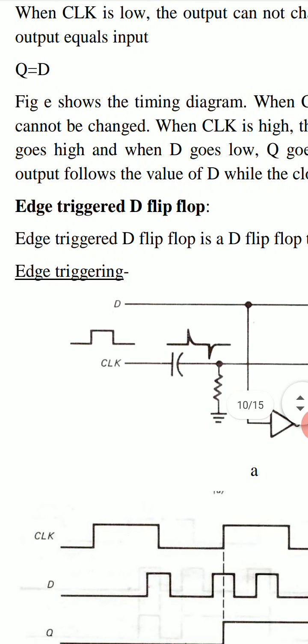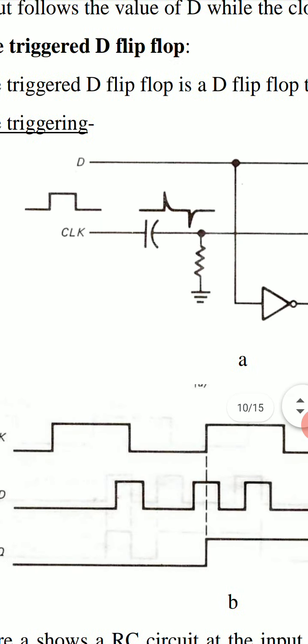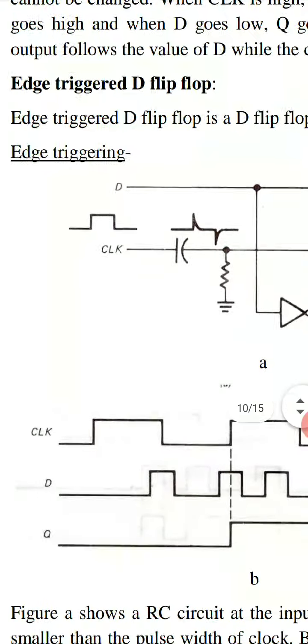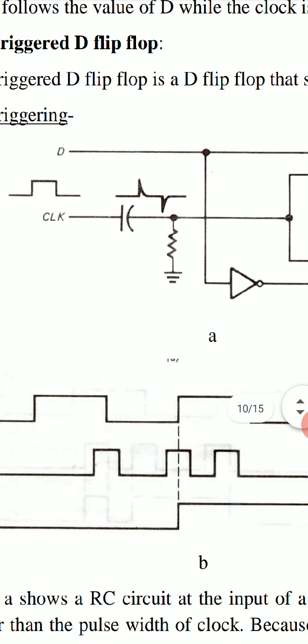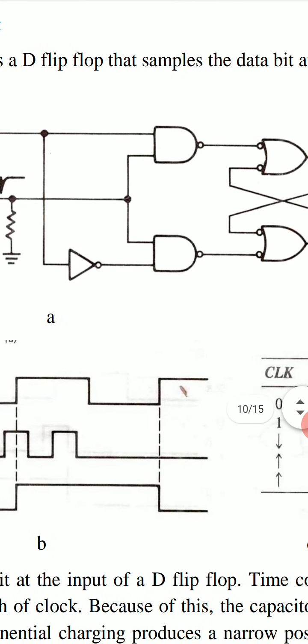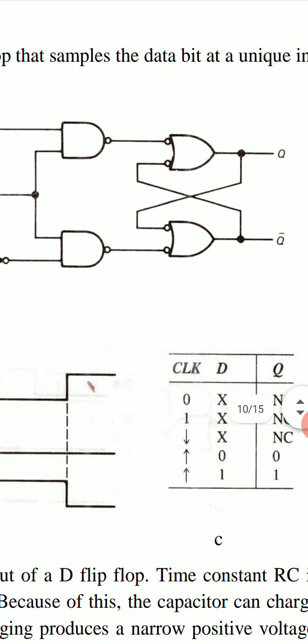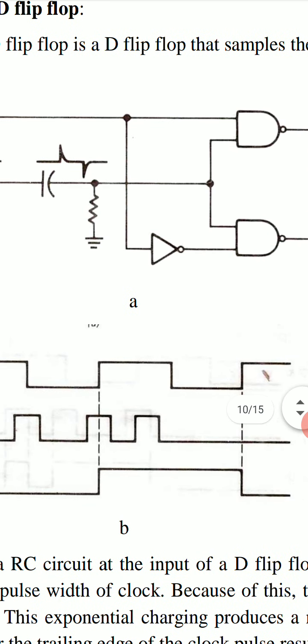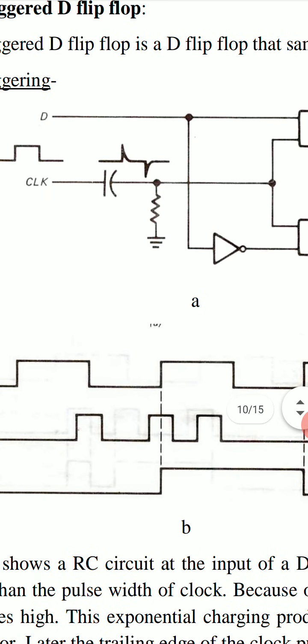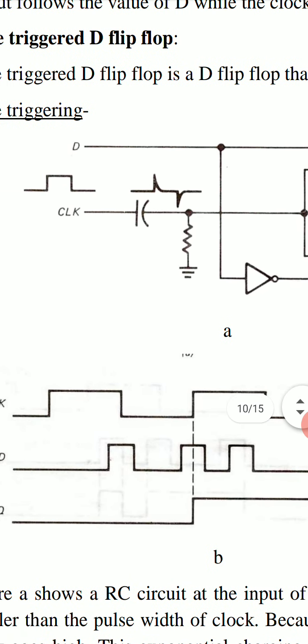This is the circuit of edge triggered D flip-flop. It is similar to that of clocked D flip-flop, except that we have inserted a RC circuit in front of clock.